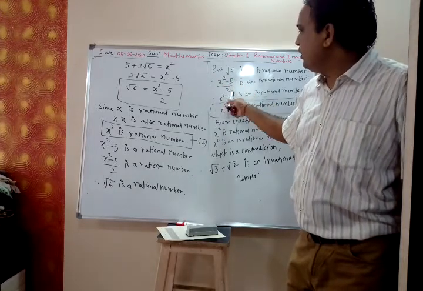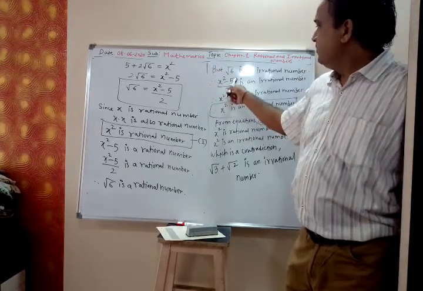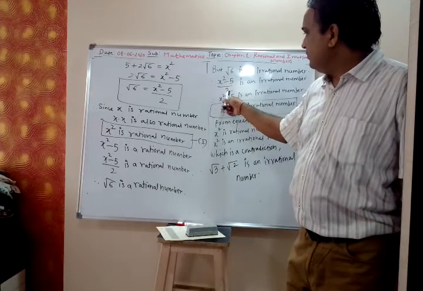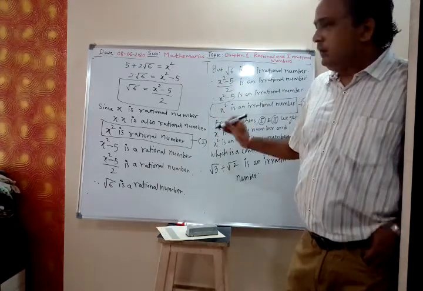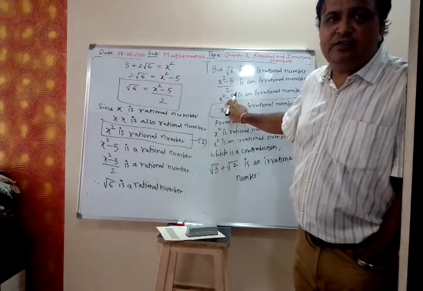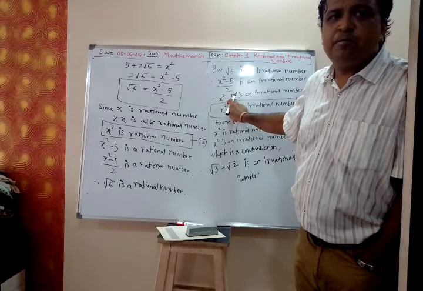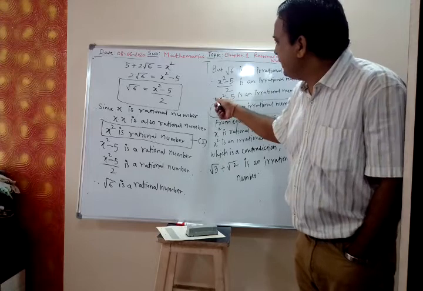We know that 2 is not irrational, so this part has to be irrational. And sir, what did you do with the minus 5? 5 is not irrational. The entire number is irrational, 5 is not irrational. That means this part has to be irrational.